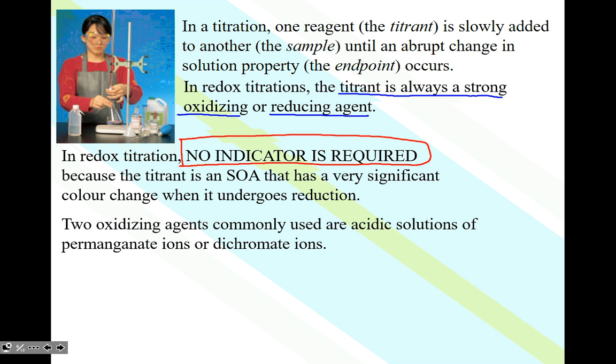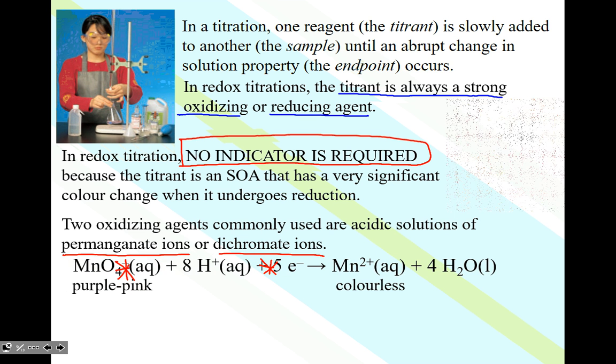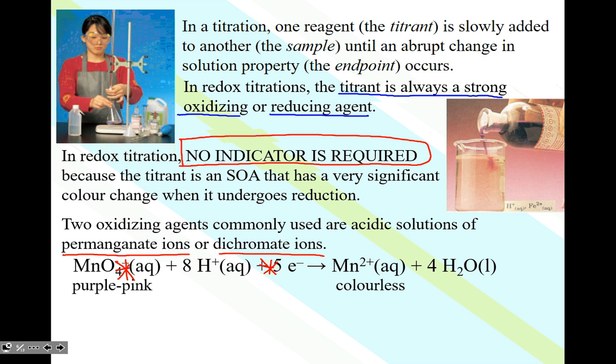Two oxidizing agents commonly used are acidic solutions of permanganate or dichromate ions. These are usually your examples because there is a color change associated with them. And there's just an example of what's going on.